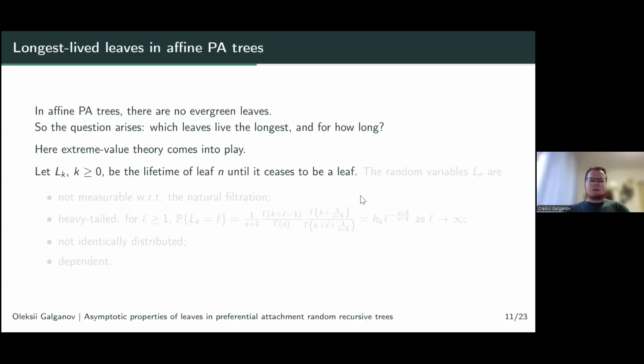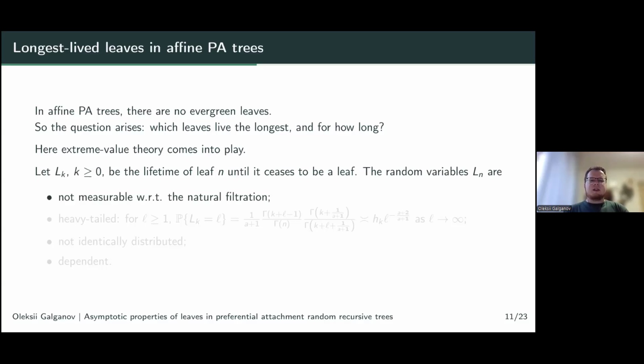So let L_k denote the lifetime of leaf k until it ceases to be a leaf. And these random variables have a few rather obvious properties.